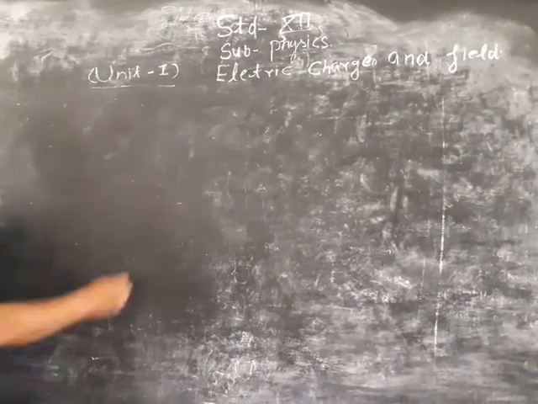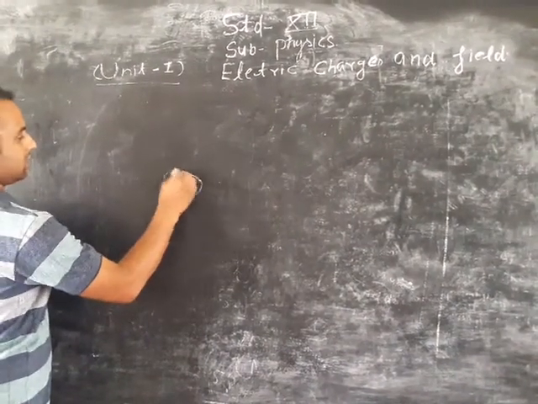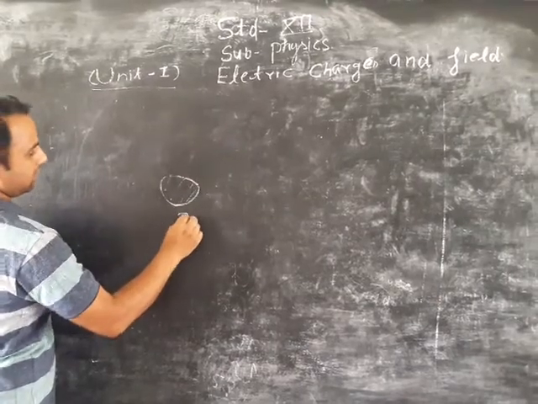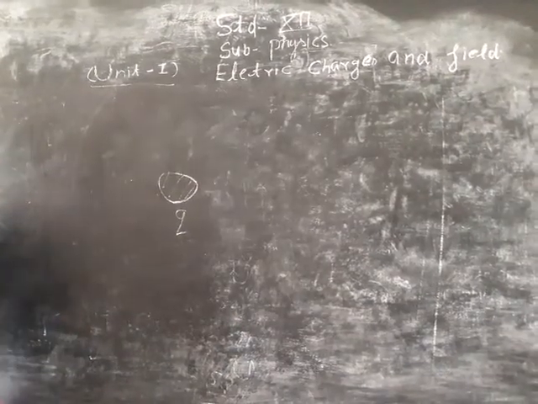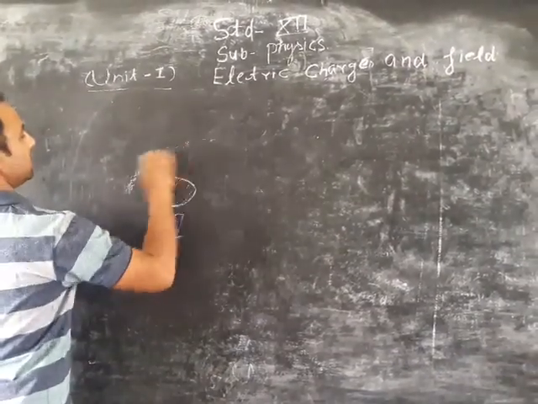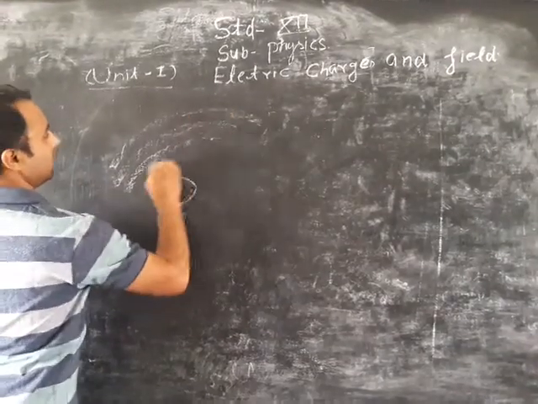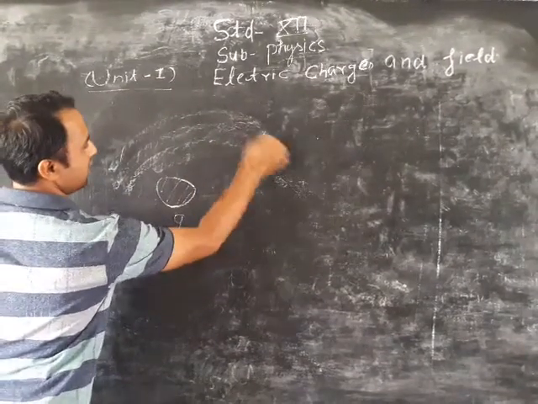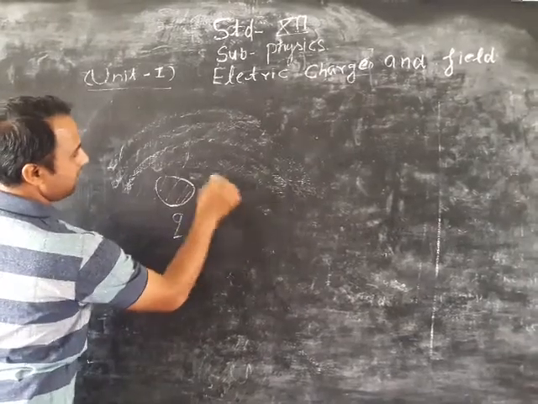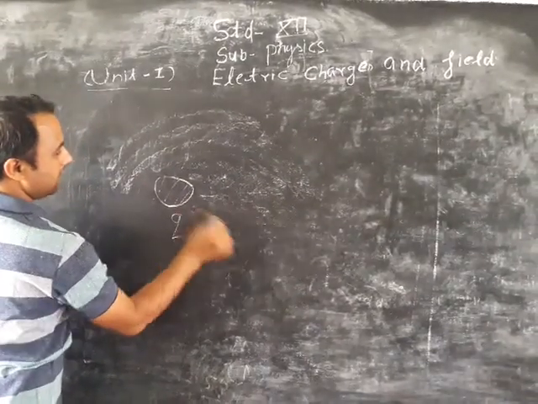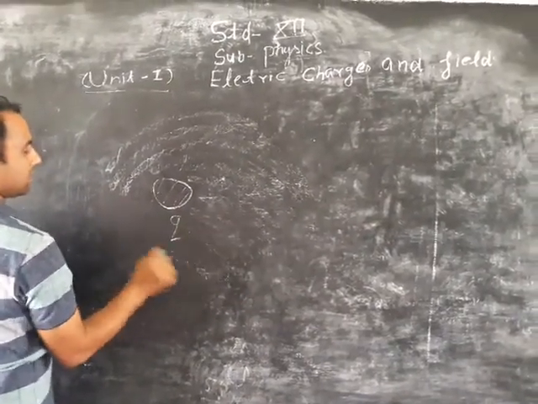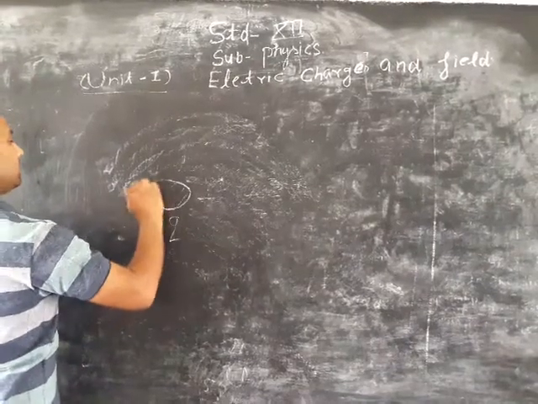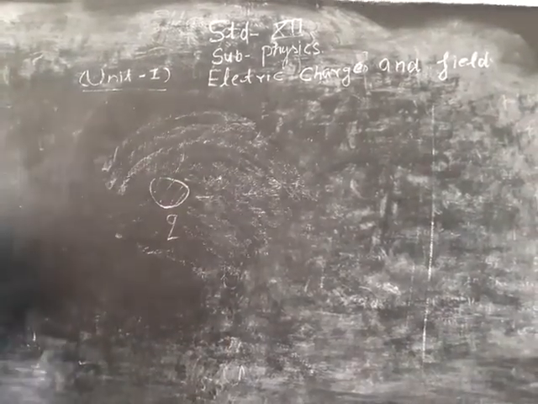If any charge is placed, this is our charge and this is a point charge, and we have to know that this point charge creates its own electric field. This electric charge creates a field. In this field, if any external charge is taken, it experiences a force.